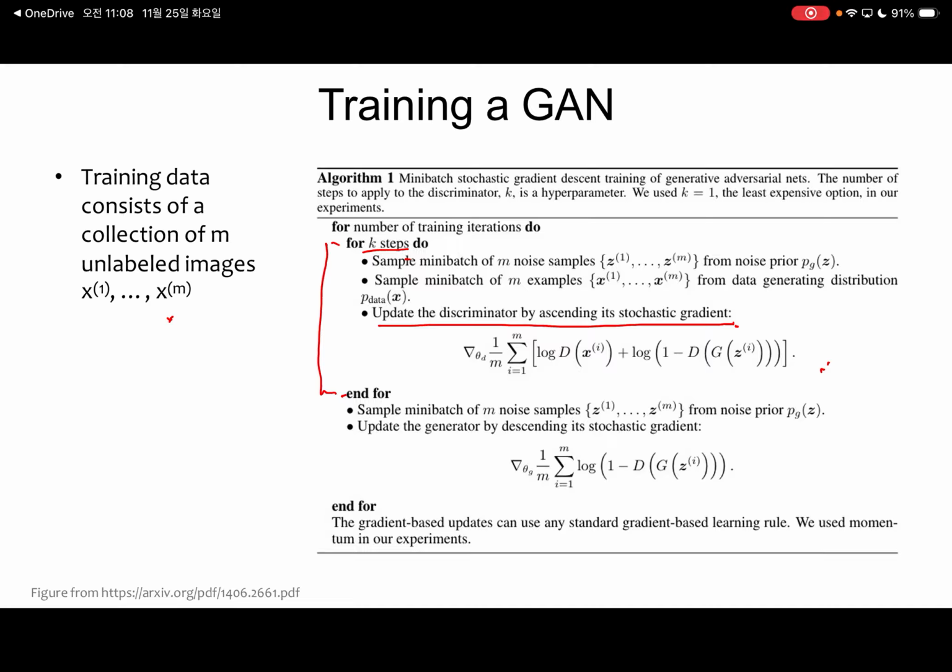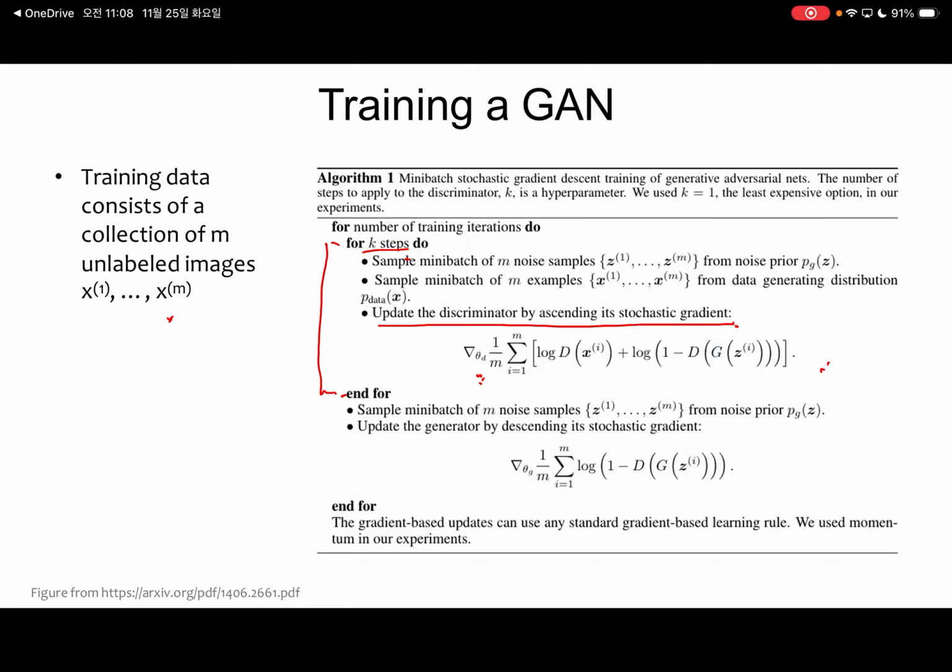Ascending means maximizing this loss function, but we can use a mathematically equivalent form, minimizing the loss function introduced in the previous slide. Here, we first update the discriminator while the generator is fixed, so this gradient from this loss function only affects the discriminator.